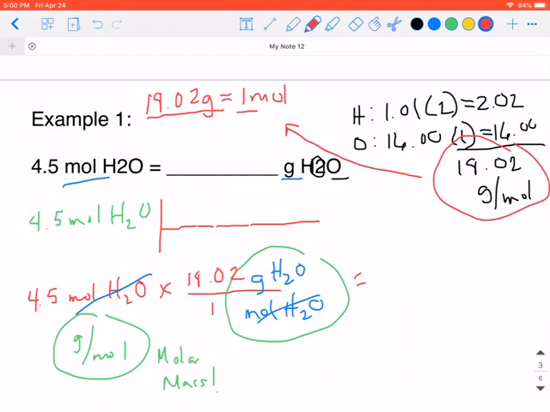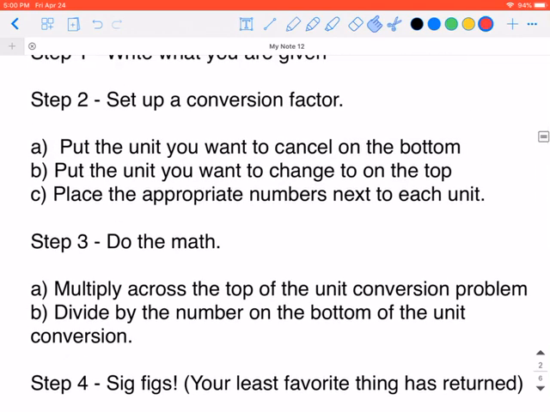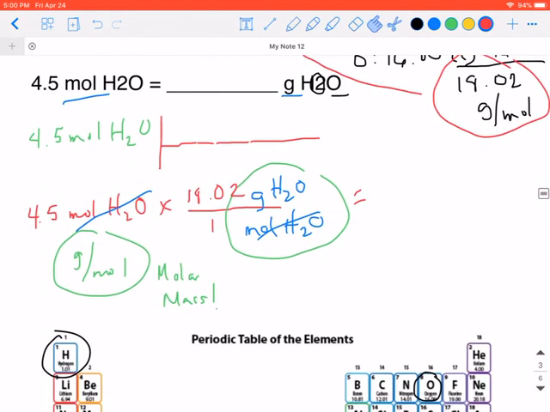So now that we're done with step 2, step 3 says do the math. So you multiply everything on top and then you divide by anything that's on the bottom. This setup here, you can just imagine that this 4.5 is over 1, right? So that means the 4.5 is on the top row.